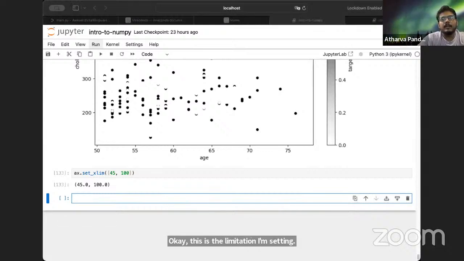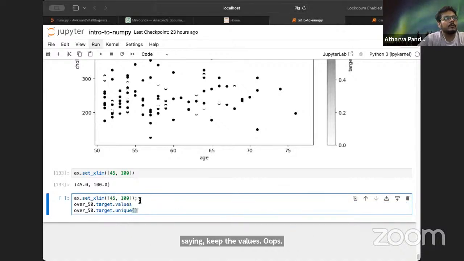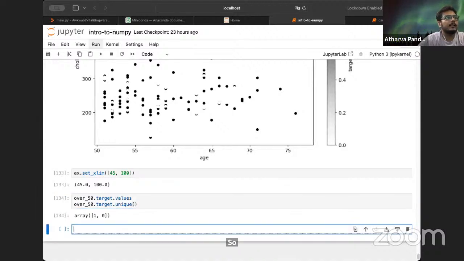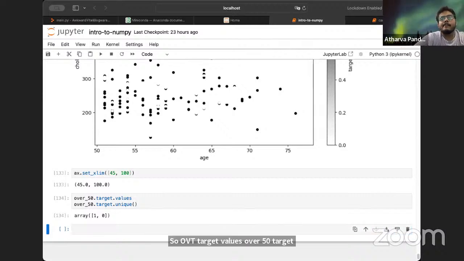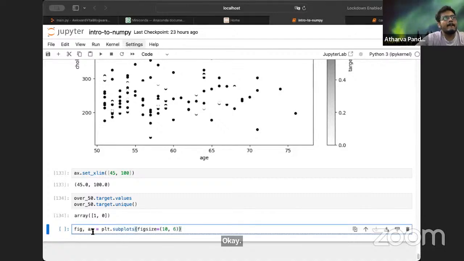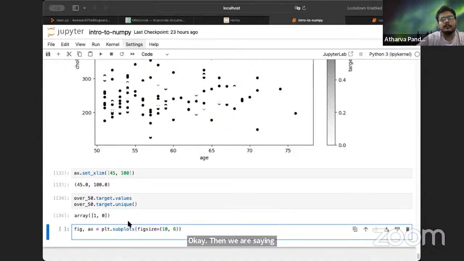And I am saying keep the values, over 50 target values, over 50 target unique. Then we are saying plot a graph of this figure subplot.